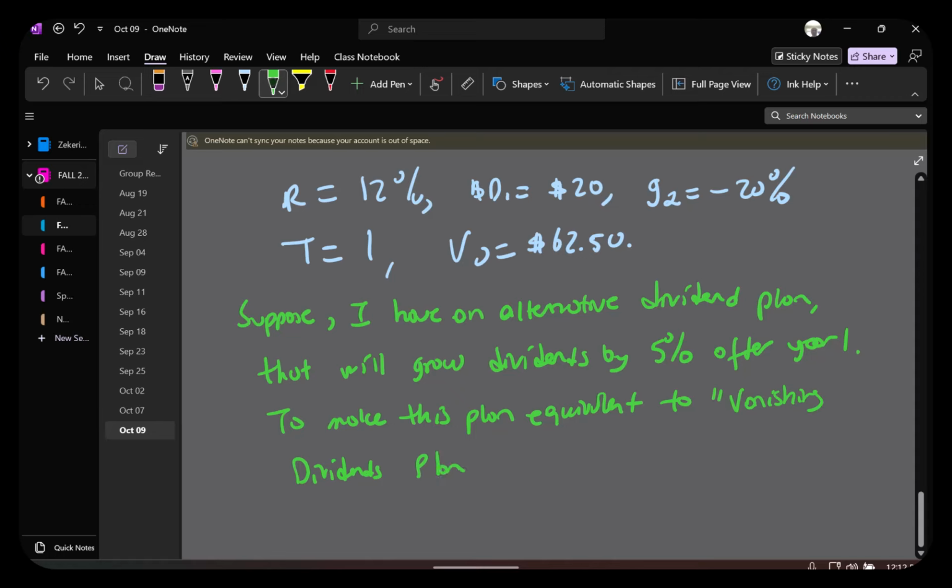Trust me, within 10 years, that dividend is going to be almost zero if you reduce it by 20% every year. What is D1 I need to pay? And we can solve that.